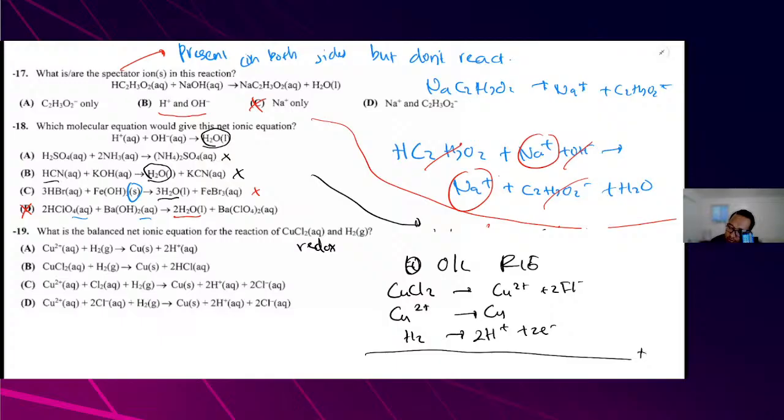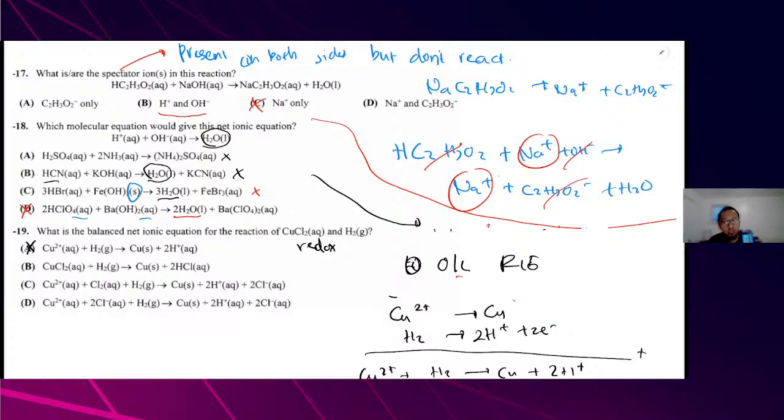For the full balance, it will be Cu2+ plus H2, and we can eliminate this part. Then we get Cu, 2H+, and 2 electrons. So it will be A for the answer.